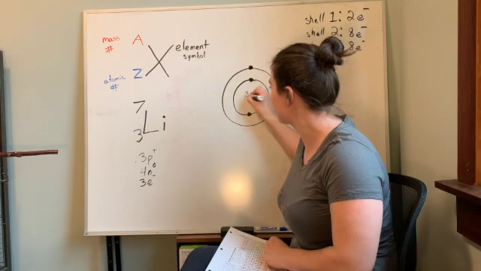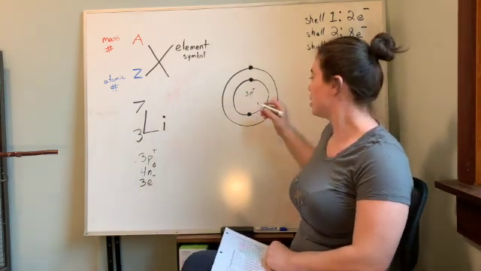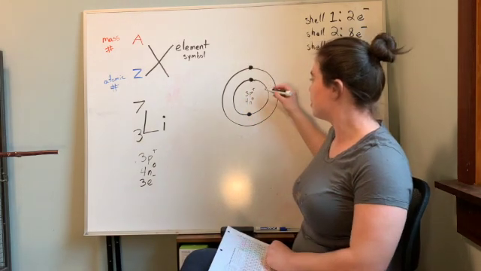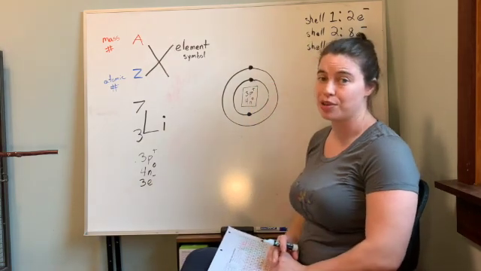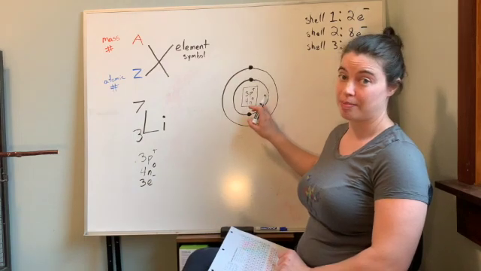So you can say like 3p+, which means 3 protons, and 4 n0, which means 4 neutrons. Stick that in like a little box in the center, and that can represent your nucleus. It'll save you a lot of time.